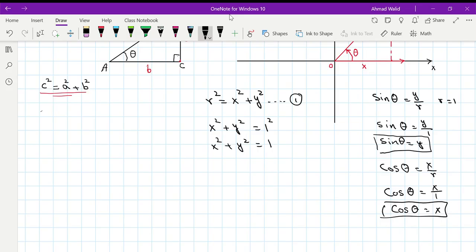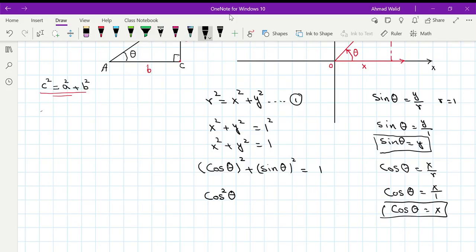I'll box these two and I'll replace my x and y in this equation with cosine theta and sine theta. Correct? Instead of x squared, I can write cosine theta squared. Correct? Plus, instead of y, I can write sine theta squared equals what? 1. Instead of writing cosine theta squared, you can write in trigonometry like this: cosine square theta.